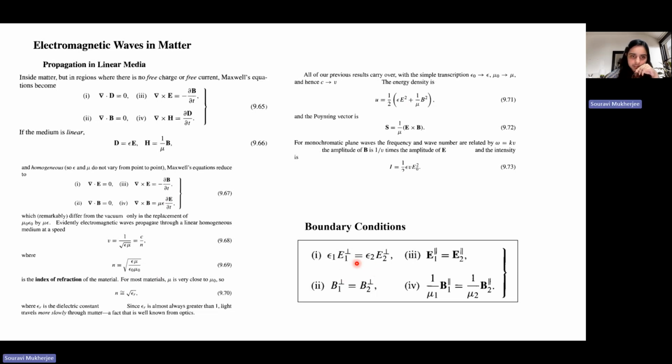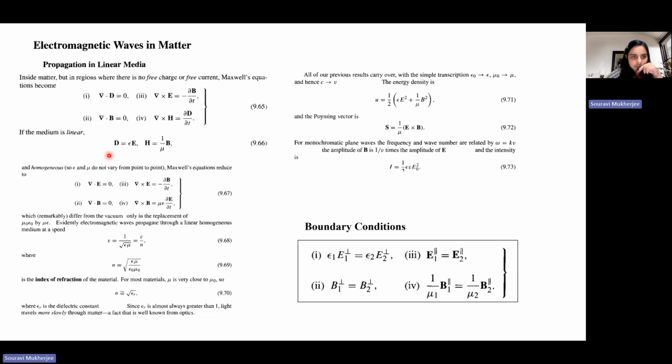If you have two media with different dielectric constants, when no free charge and no current is there, you can write the first Maxwell's equation in terms of D as divergence of D going to 0, which tells us that the normal components of D should be continuous.